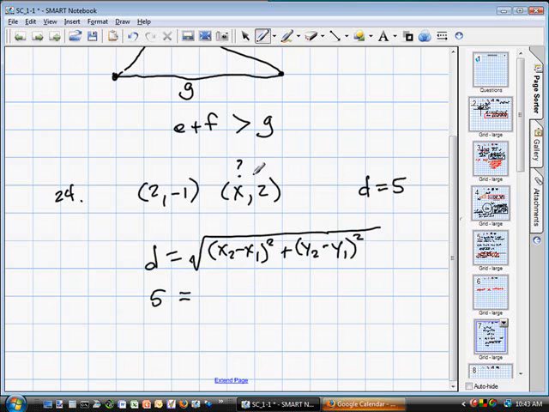We'll call this point 2 and we'll call this point 1, just so we can get them into the distance formula. Square root, okay, now what do I need here? x2, x, minus x1, y2, 2 minus a -1, what is that? 3, yes. Okay.